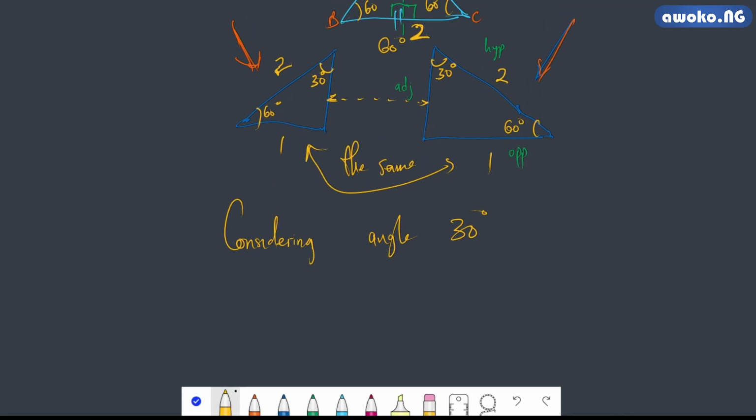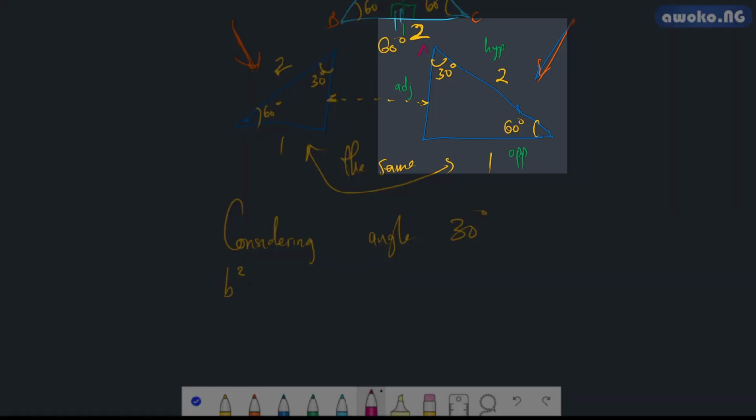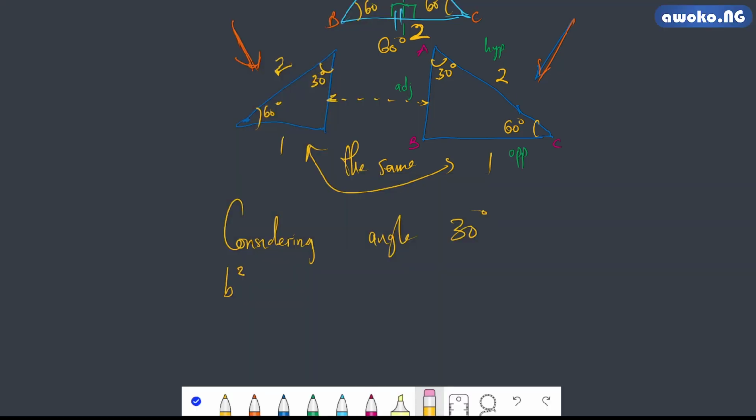Now, if you're solving for the adjacent side, remember that, let us call this as usual a, b, and c. So, b squared equals a squared plus c squared.